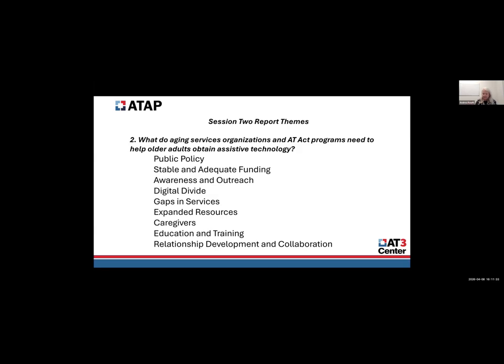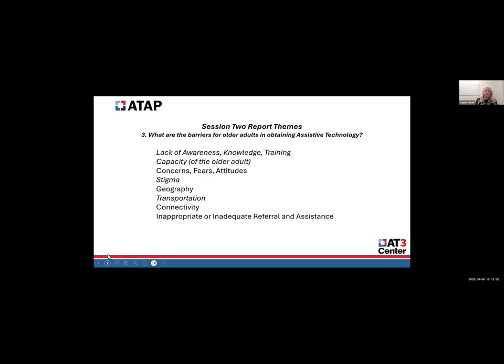And if you read the report and get to the detail, I think you will see that these themes capture most of the things that you put. Public policy and funding, of course, big one. Ways to deal with the digital divide and expand our resources, reach caregivers, etc. So let's go to the next slide.